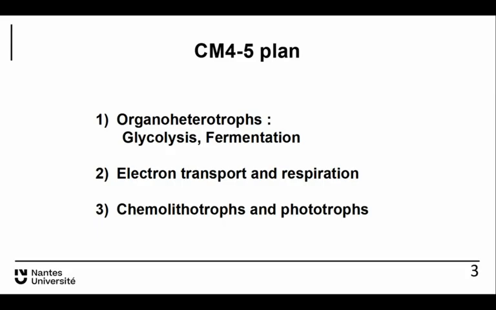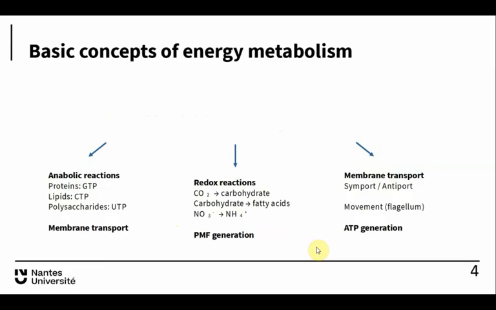They start with an organic source of carbon as their source of energy and electrons, and they will not be using oxygen. So they'll be using fermentation to derive metabolic energy. That's what we'll do first, and then we'll do the more complex stuff, electron transport and respiration, and then how do chemolithotrophs and phototrophs derive energy. Okay, so just to start with this.